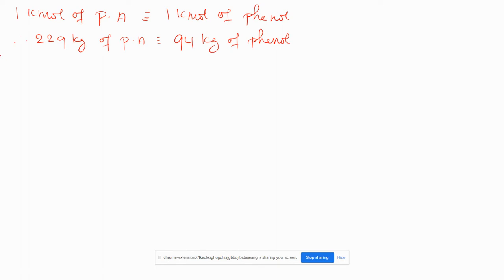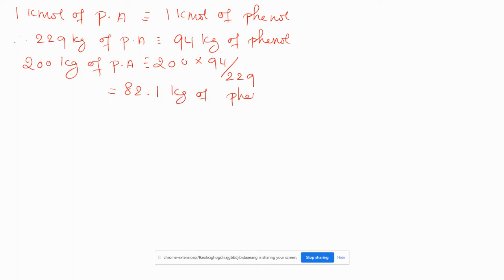So now given is for 200 kgs. So therefore for 200 kgs of picric acid, we will be having 200 into 94 divided by 229. So you will be having 82.1 kgs of phenol reacted.